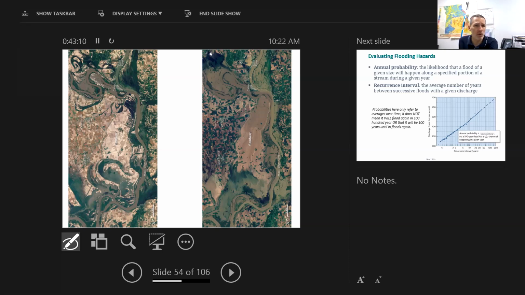And so as a result, we did not want to flood the city, so we blew out a part of this artificial levee called the Birds Point Levee, and all of this water flooded into this region. And so again, you can see that there's an old oxbow lake. This is an area that is very prone to flooding under natural settings. And so unfortunately for all this farmland here, when the Army Corps of Engineers blew this area out, it flooded out this region.